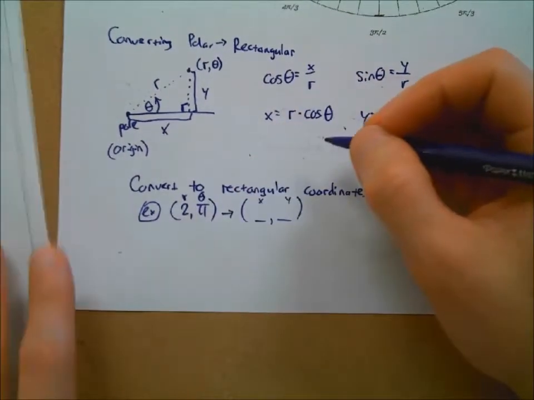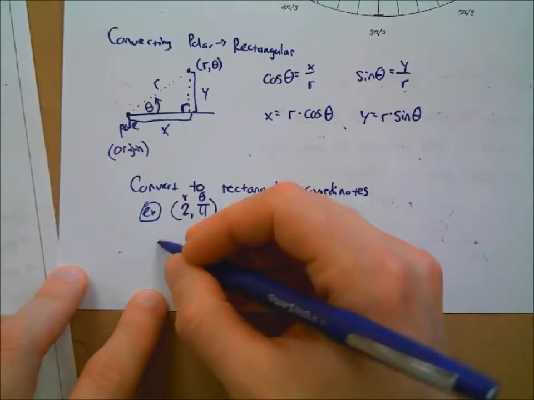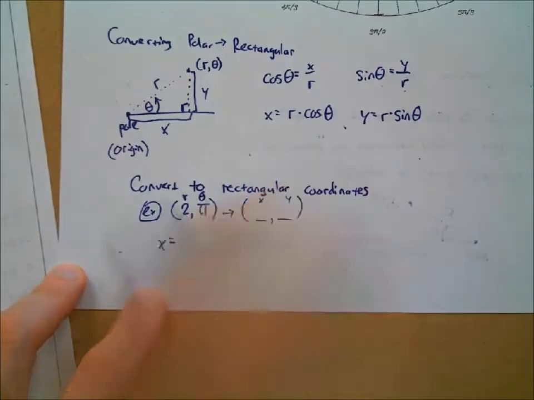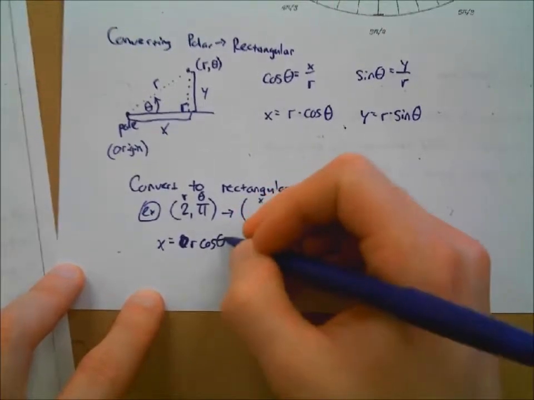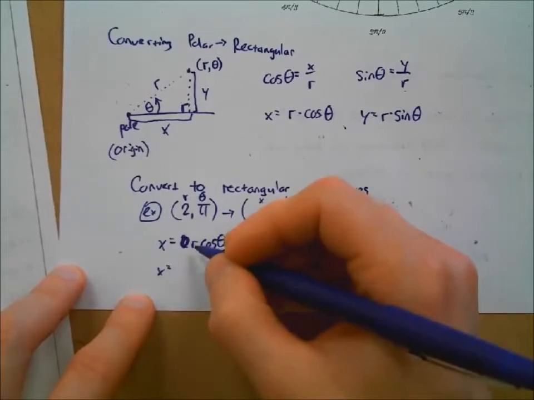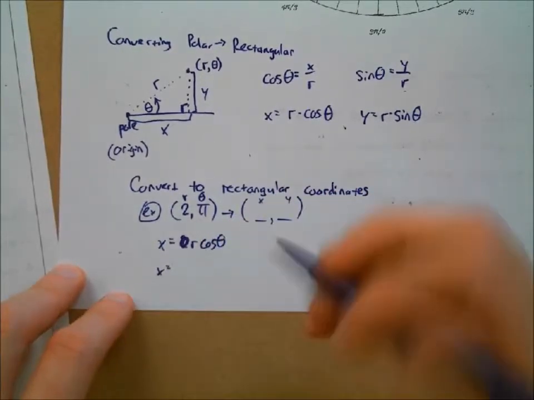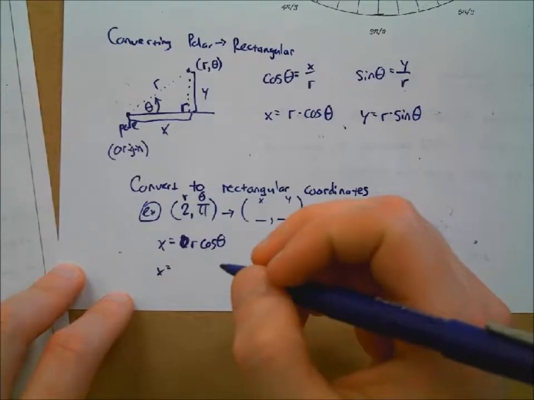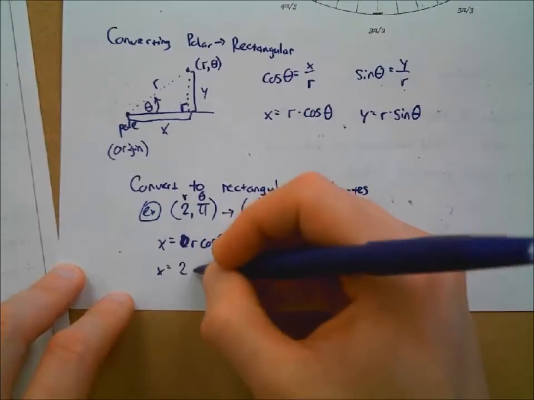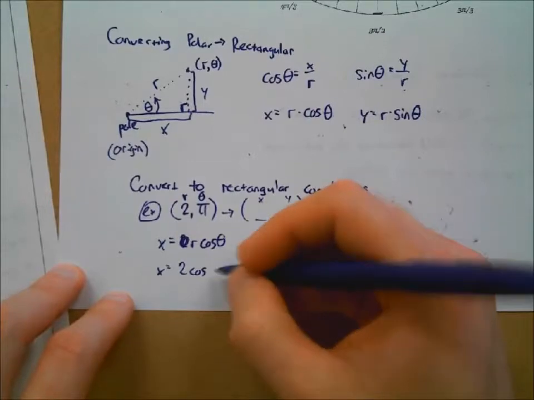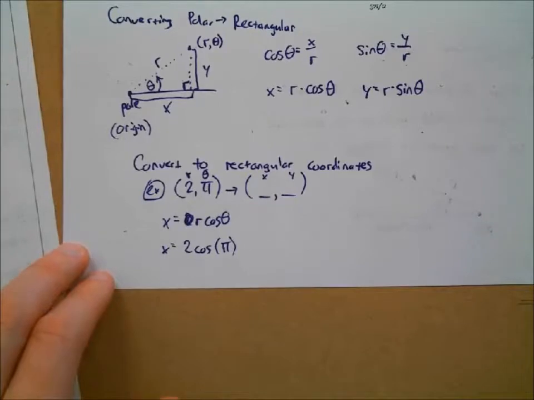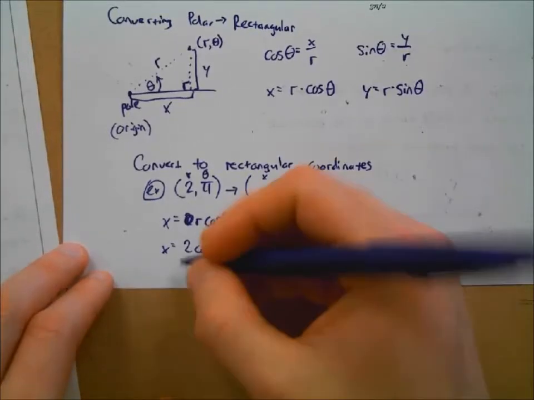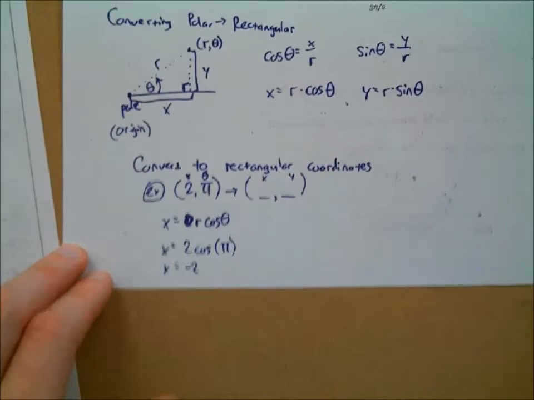So x is equal to r cosine theta here. What's our r in this scenario? 2, right? And then what's our theta? Pi. What's cosine of pi? -1 times 2 would be -2. So x is -2. There's our x coordinate.